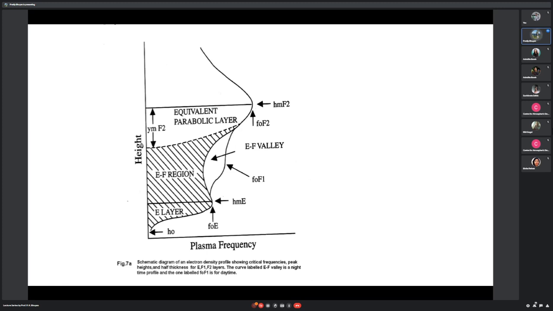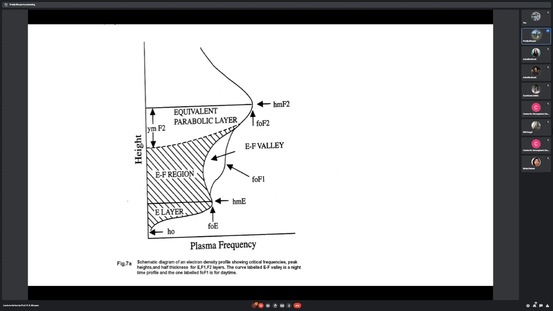So more electron density means lower refractive index, okay? That is the reason why radio waves from the ground, if projected vertically, will come back from different heights. Total internal reflection, I had talked about that also. The refractive index changes continuously with height because the density is changing.